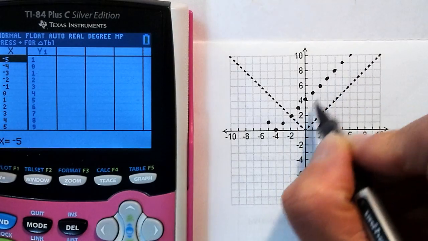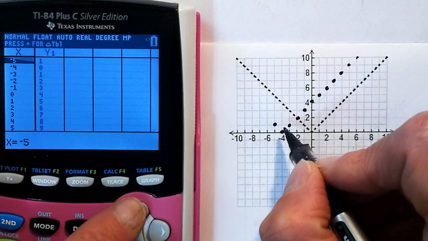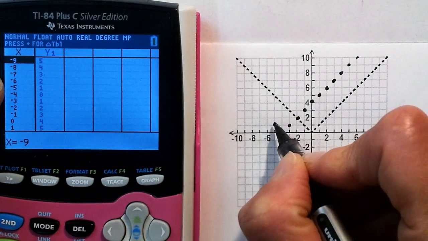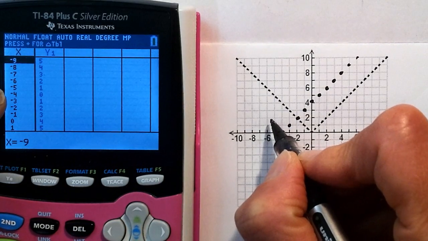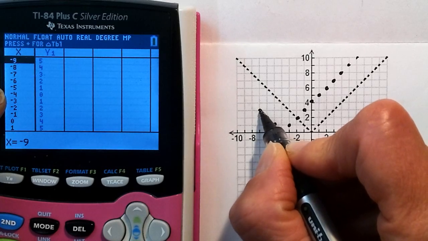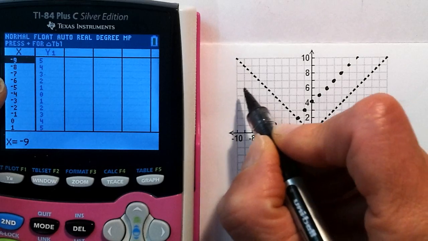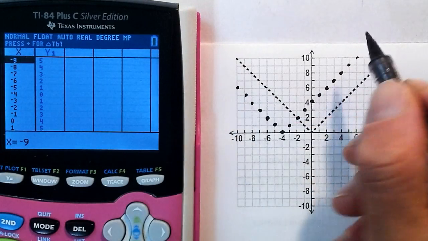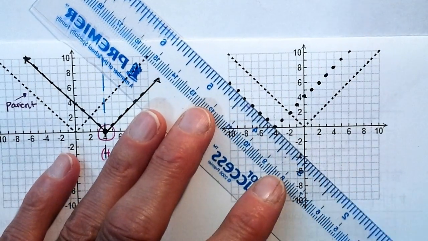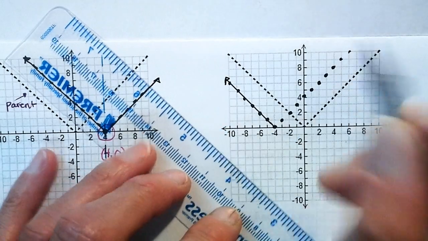So you can see I only have a partial graph. I need more on this side, which means I could either notice the pattern or I scroll up. So that would be negative 6, 2, negative 7, 3, negative 8, 4, and so on. Since this is the function that I'm concerned about, I am going to make this solid lines, and you're going to put arrows on the end.